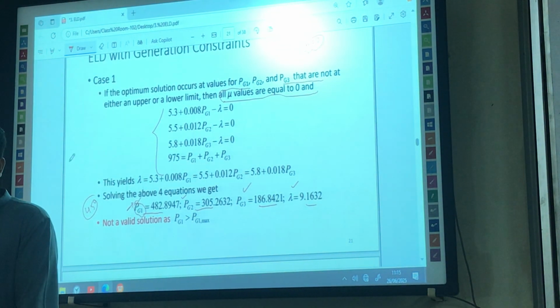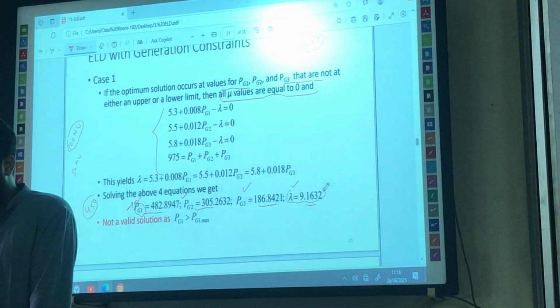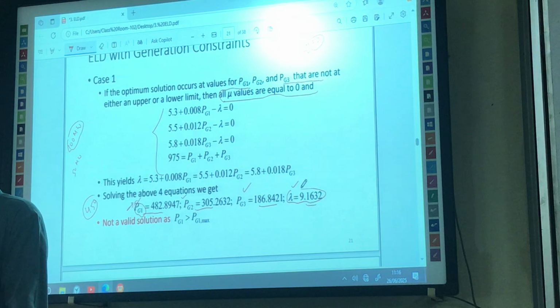If it was, let's say, 50 megawatt and the lower limit was 100 megawatt, that means it is violating the lower limit. But if the value is between 100 and 450, then it is within the limit. And this is the lambda. Lambda is the incremental cost. Now this set is not a valid solution because the Pg1 is greater than Pg1 max.